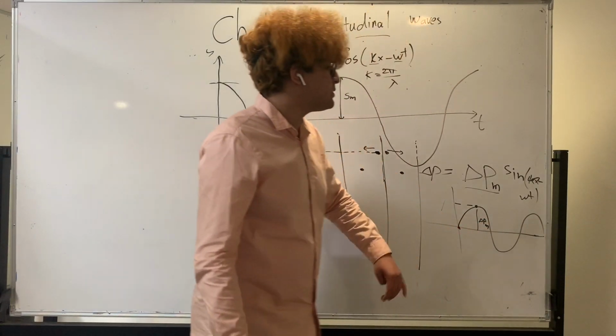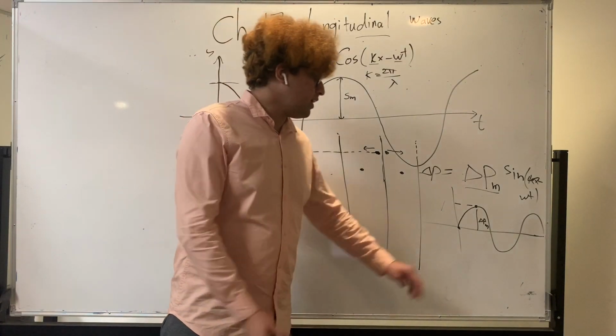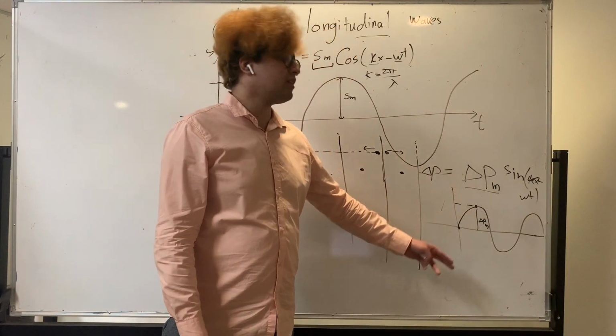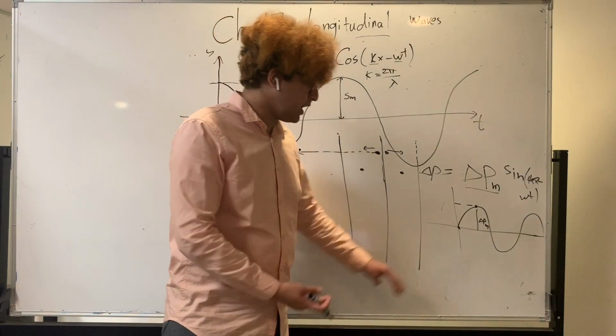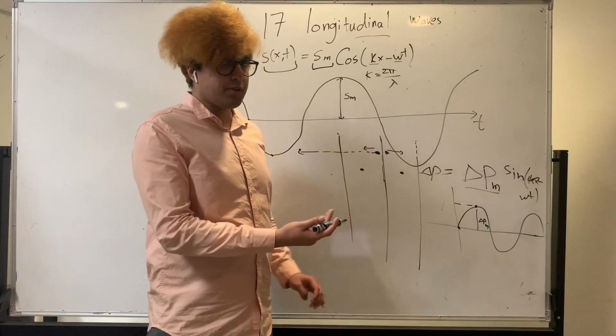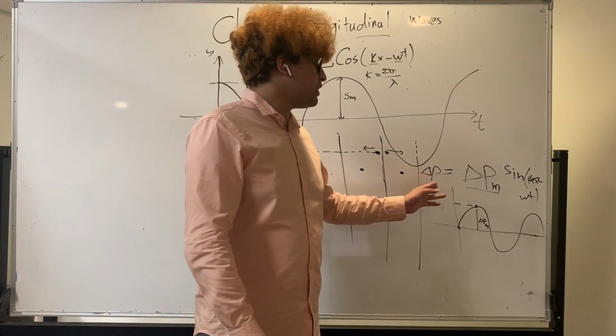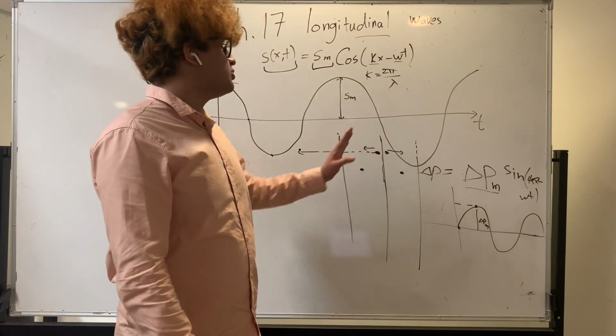So this is the maximum value by which the pressure can change. The pressure cannot change by a value that is higher than this value. So this equation does not give you pressure, it gives you the change in pressure, or the amount that pressure can change in a longitudinal wave.